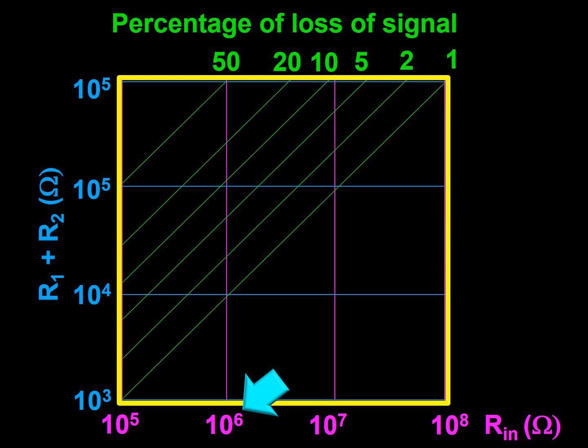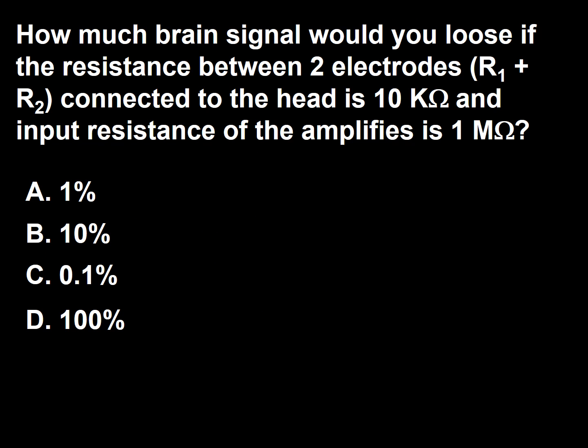Using an amplifier with an input impedance of 1 million ohms and two electrodes with a combined resistance of 10,000 ohms, the loss of brain signal is about 1%. So the answer to this question is A.